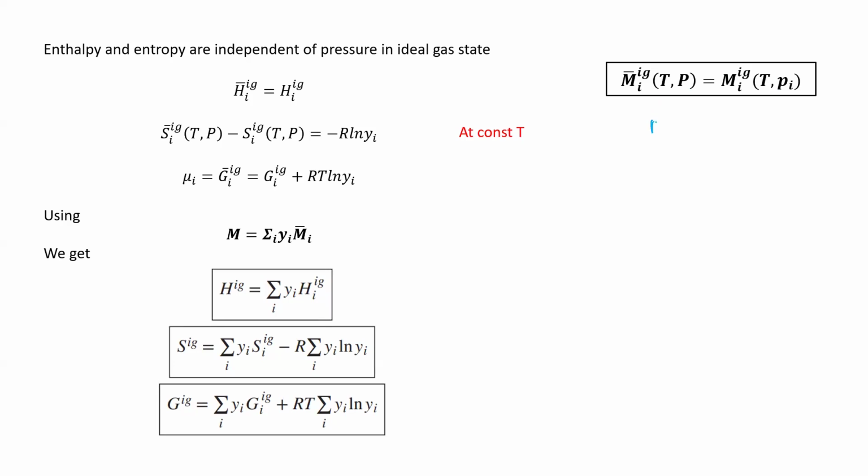So we can say Mi IG bar equals Mi IG at T and P for H and S. That's why this is defined at T and P only, not T and Pi, because it is the same for enthalpy and entropy.